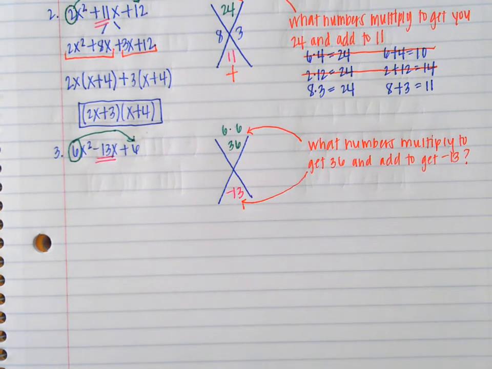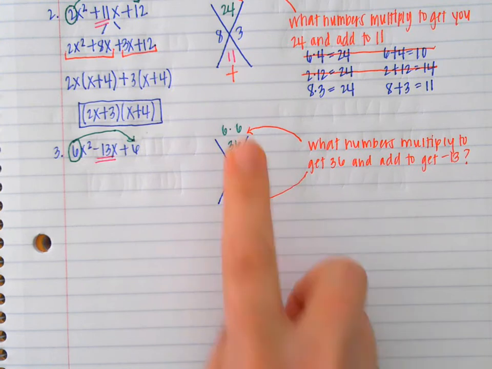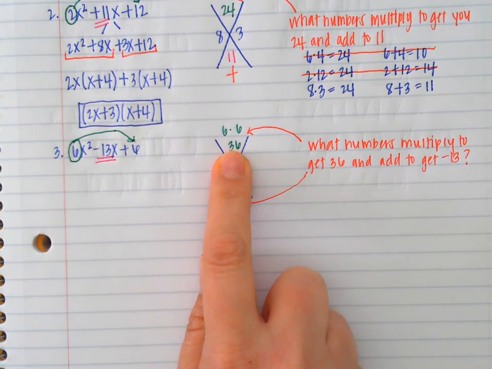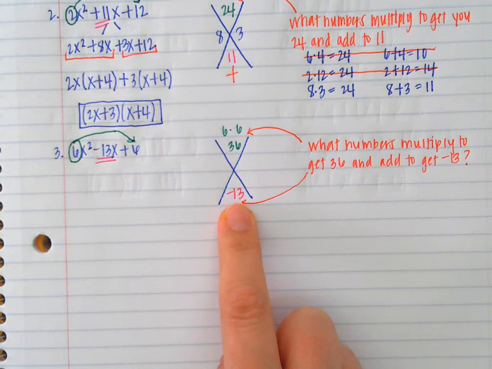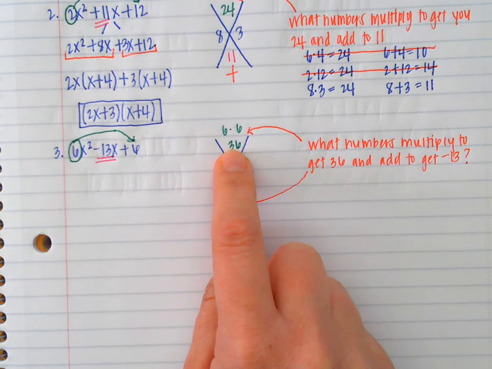Well, it could be either a positive and a negative, or a negative and a negative. A positive times a positive gets us a positive, but a positive plus a positive is always going to get me a positive number. A positive times a negative would get me a negative number, so that's not even part of the question.